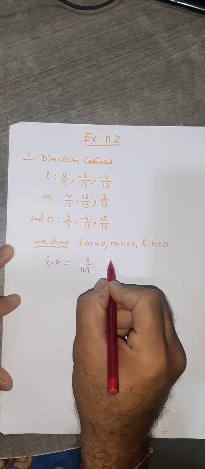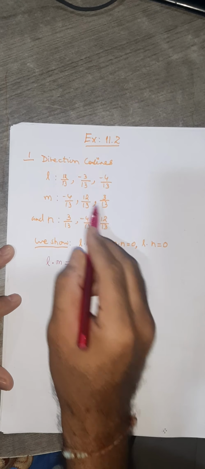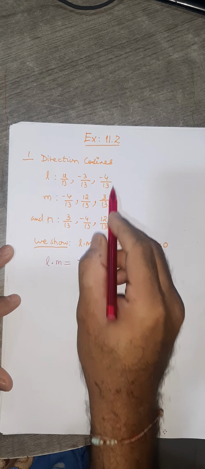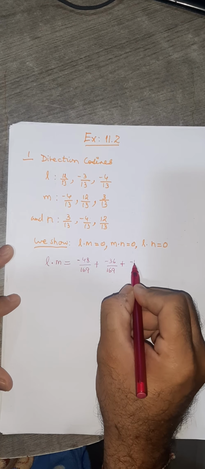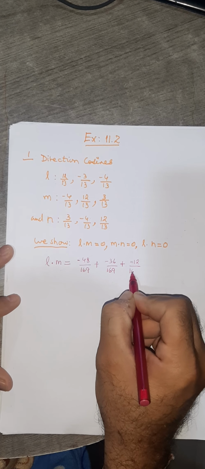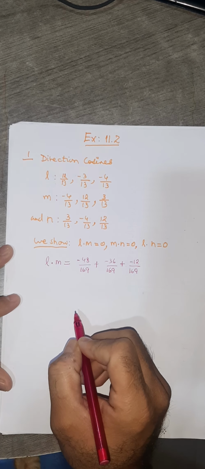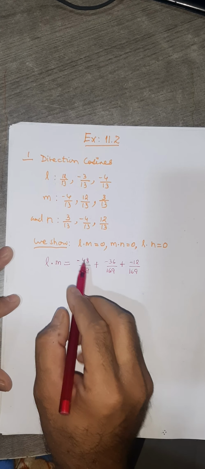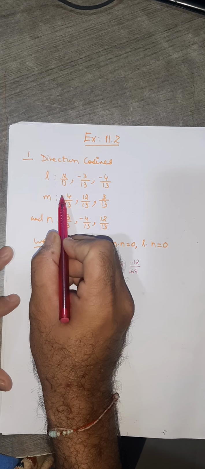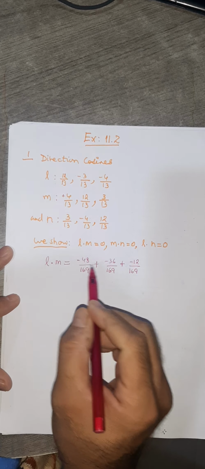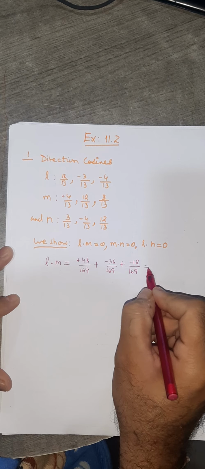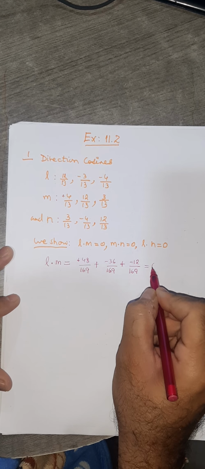So this is minus 36, this into this by 169, plus this is nothing but the minus 12 by 169. Now sorry, this is my mistake, this is plus in the given question. So this is nothing but the plus 48. So you can see that it will be 0.